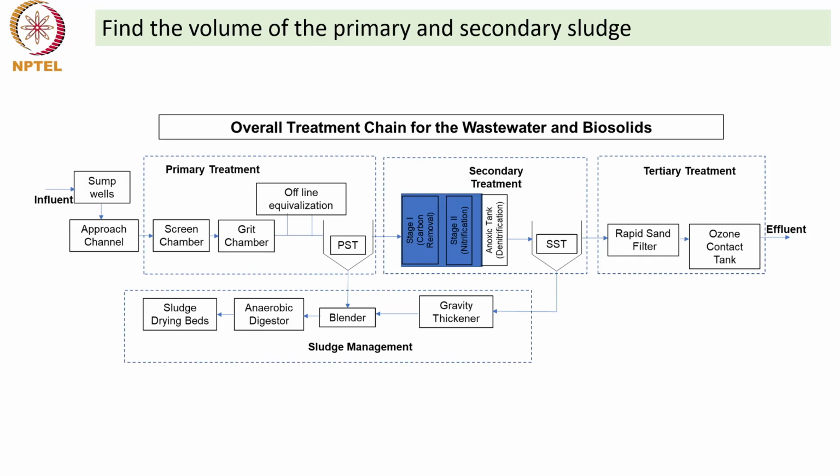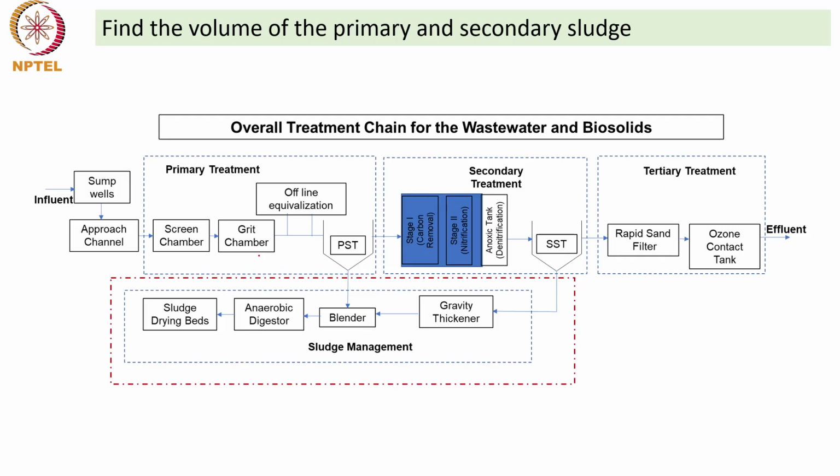I am residing in Virudhunagar. Based on the population data, forecasting everything had to be done, and I had to design this overall treatment schematics. But in this, I'm not going to explain everything. For this, you just have to find the volume of the primary and secondary sludge.